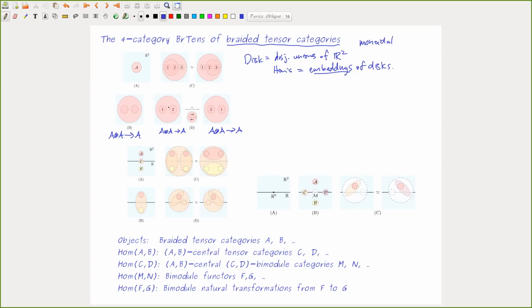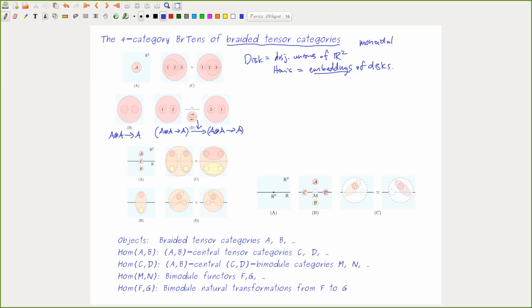So I have two different embeddings. And now if I choose an isotopy between those two embeddings, well then I have a morphism from this embedding to this embedding given by that isotopy. So that isotopy right there defines a morphism. Okay, so this is the category of disks.